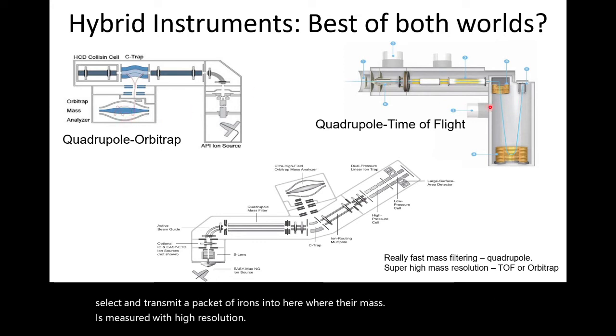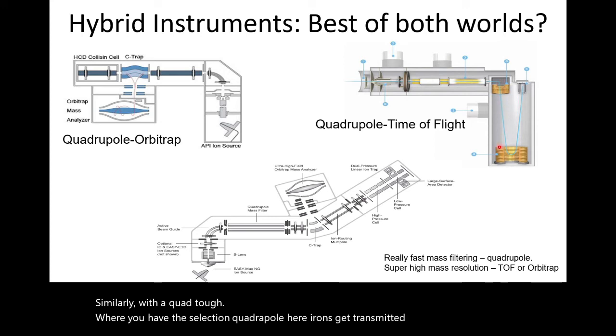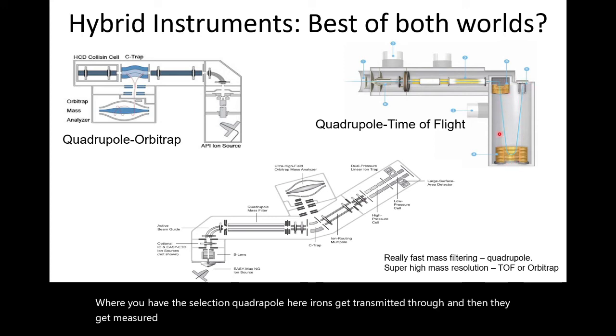Similarly with a quad-TOF, where you have the selection quadrupole here, ions get transmitted through and then they get measured with high resolution in the time of flight detector, or they get fragmented and the fragments get measured by the time of flight detector.